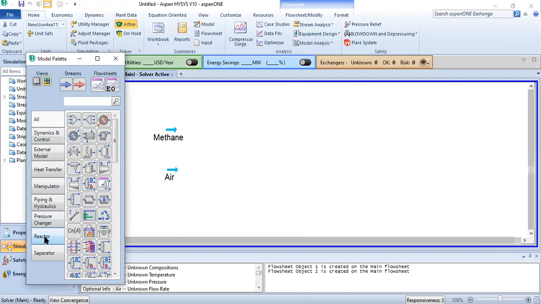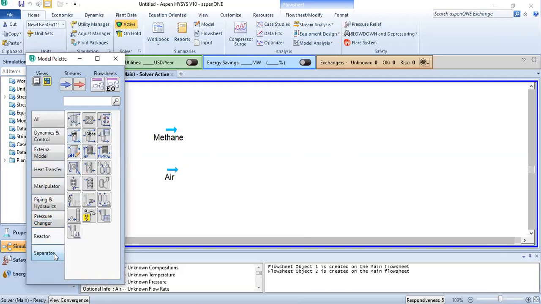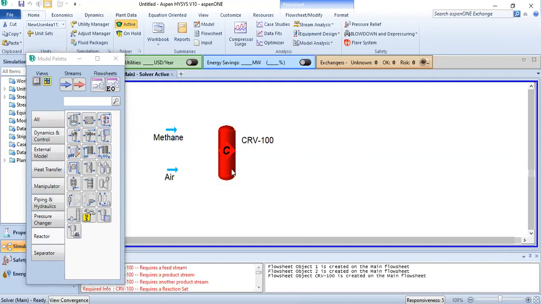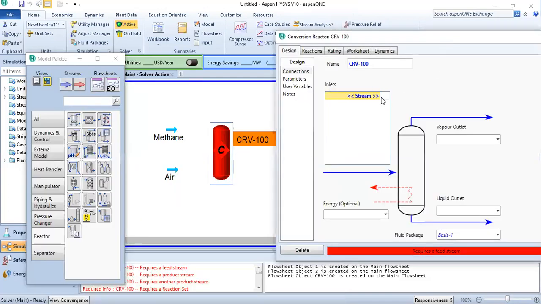Now we will go to the reactor. Inside the reactor tab, CSTR is available, plug flow reactor is available, equal conversion reactor is available, equilibrium reactor is available, Gibbs reactor is available. Everything. The reactor which you want to simulate, you just take it. My inlet will be there.